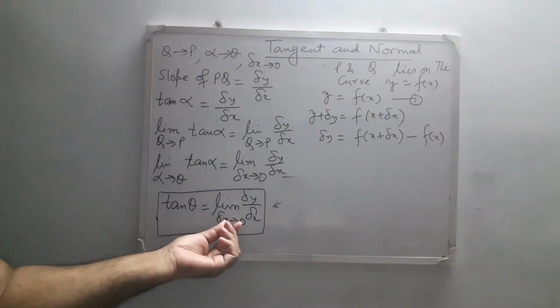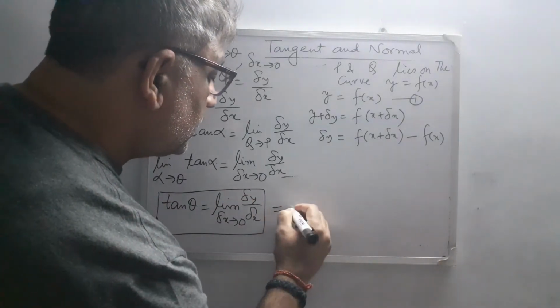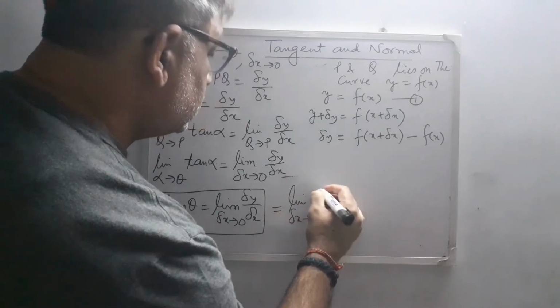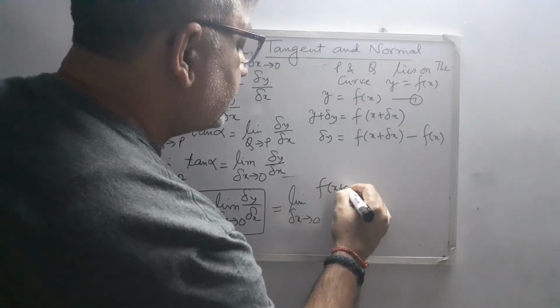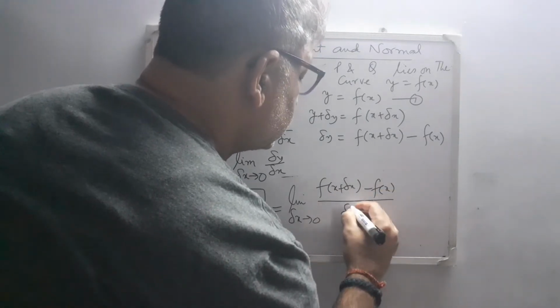Now try to put this value of delta y here. So what you will observe? This is equal to limit delta x tends to 0, that is f(x plus delta x) minus f(x) by delta x.